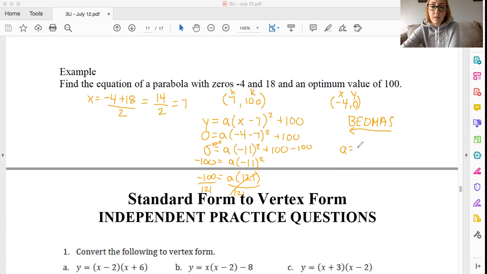So our a value is equal to -100 over 121, which is quite a wonky number if you ask me. So I'm going to clear this. You guys are going to do some practice questions. Hopefully that makes sense. I know this last little bit got a little confusing there for a second. But yeah, let me know.